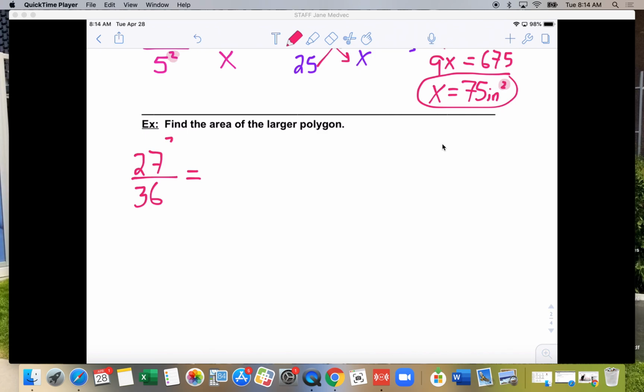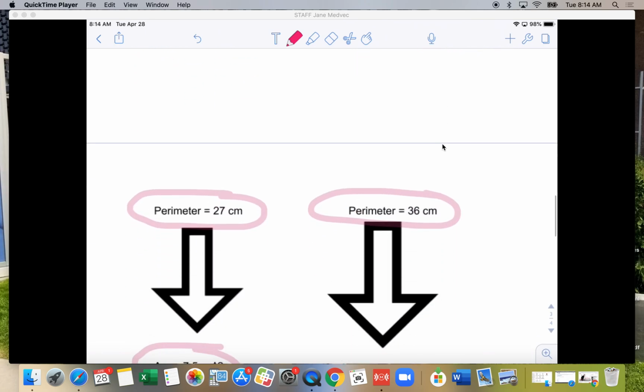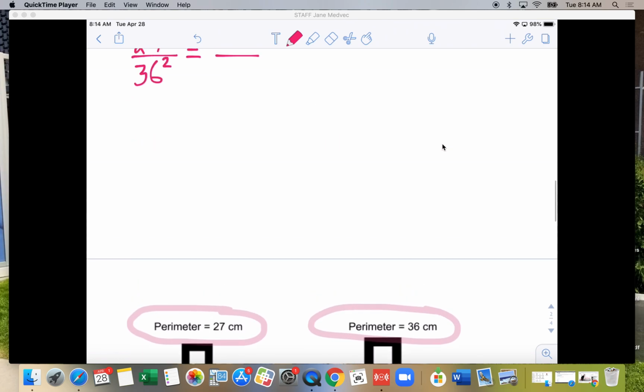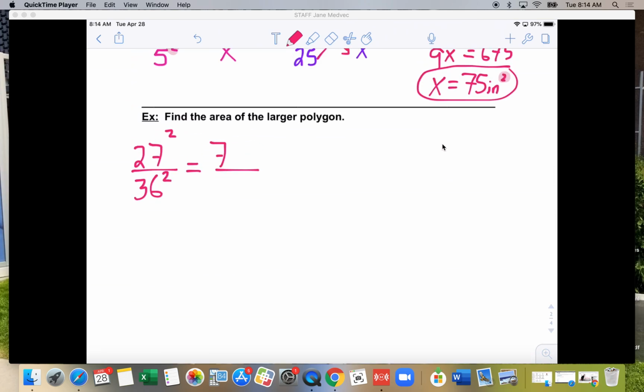And I'm going to square these because, again, the perimeter and the side length were very similar to each other. And then what I'm going to do is I'm going to grab my area. I've got the area of the smaller arrow, which is 7.5 centimeters squared. I'm not going to put centimeters squared there, but I am going to put 7.5. So this is 7.5, and then I do not know the area of the larger figure.